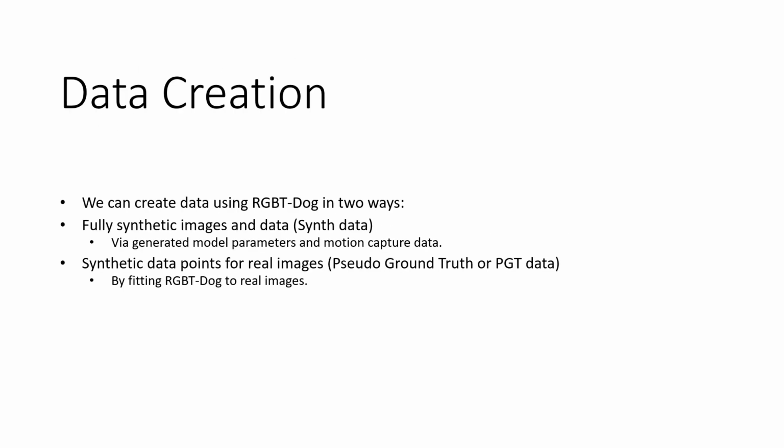We can generate data using RGBT-Dog in 2 ways. Either A, fully synthetic images and data, referred to as synth data, or B, create synthetic labels for real images from existing datasets, which we refer to as pseudo-ground truth or PGT data.